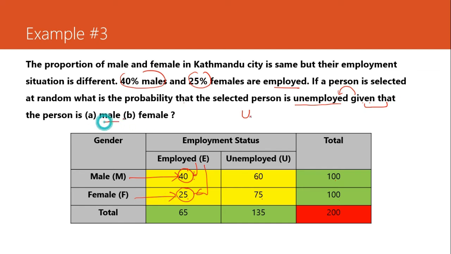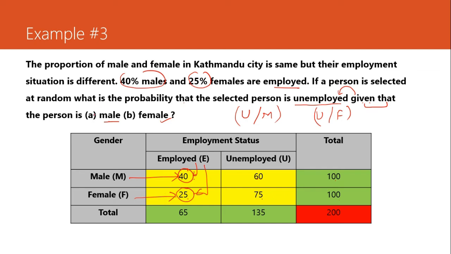So A number is male, so U by M is the first thing we need to calculate, and the second is female, so U by F is the second probability we need to calculate. This is how you should read the question properly and understand the language.